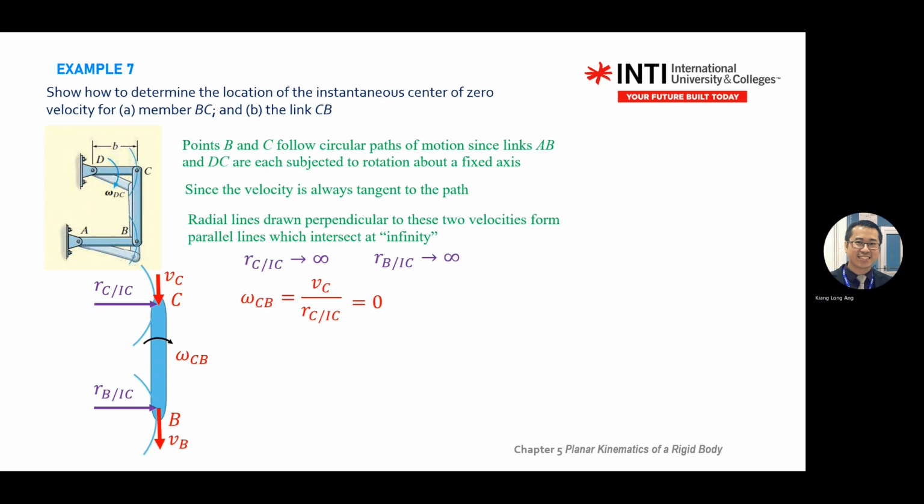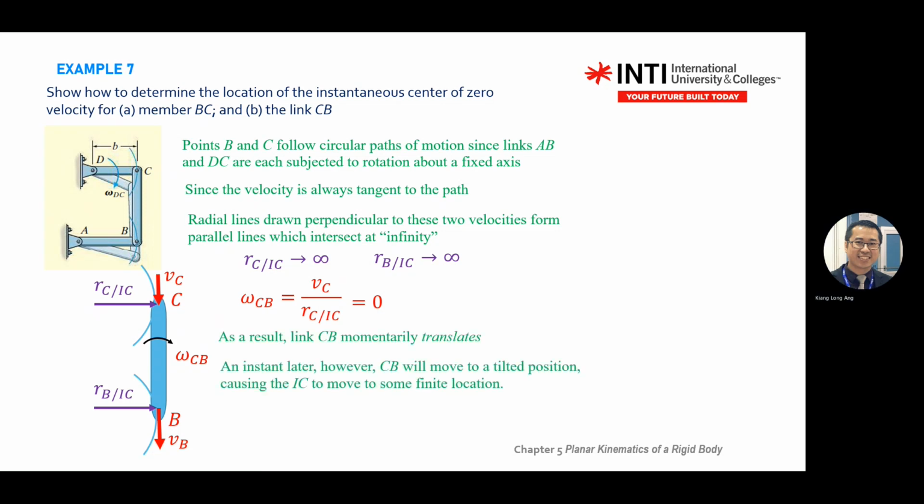On observation, yes, you know that it's moving down and rolling like this, but it's not rotating like the previous one. So by calculation, in your free body diagram you draw omega CB, and then you do the calculation. Because R is infinite, you divide by infinity and you get 0. Infinity is a very big number, right? Same with the other one.